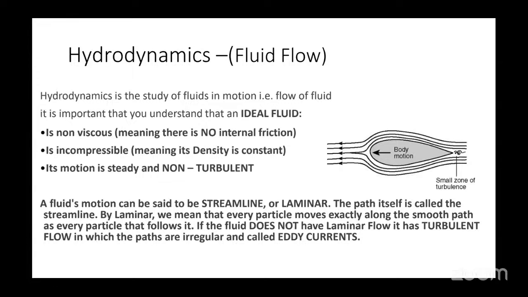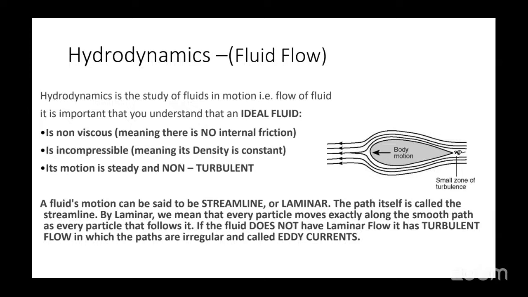The second assumption is it is incompressible, which implies that the density of the fluid is constant. At any point as the fluid moves from one point to the other, the density remains constant.